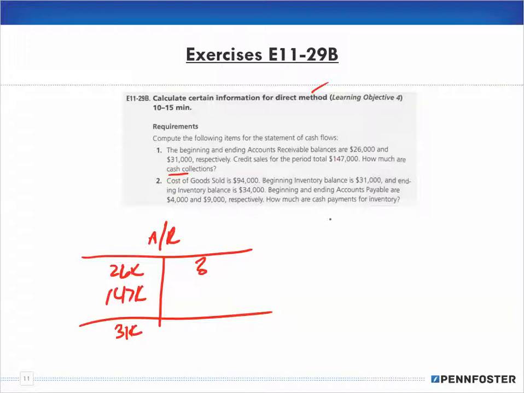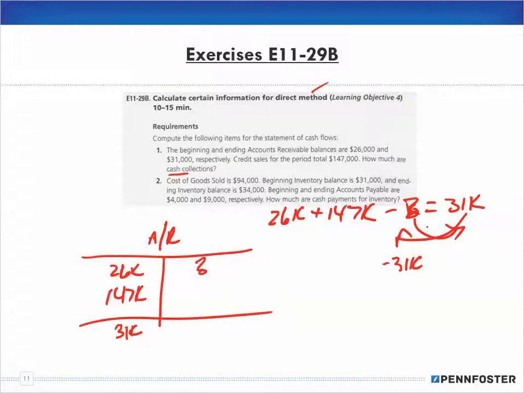So simple, 26,000 plus 147,000 minus X, which is this dollar amount, and that would equal 31,000. Again, doing the math, we would move the 31 over, so that would become a negative 31, and we'd move the unknown amount across the equal sign, making that the question mark there.